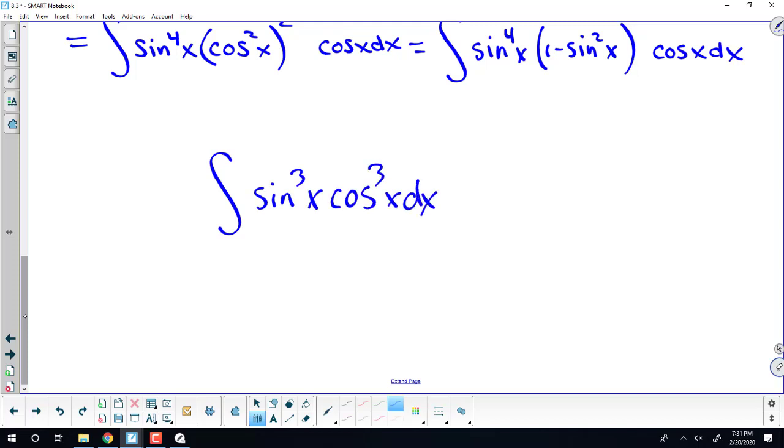Could we? Yeah, how about, this is an idea I had. I don't know if it would work, but we take the sine, we'd have the integral of sine squared x times cosine cubed x times sine x. So that would be the term we get rid of.